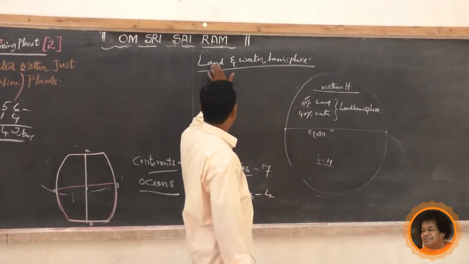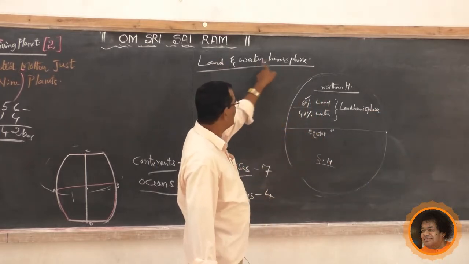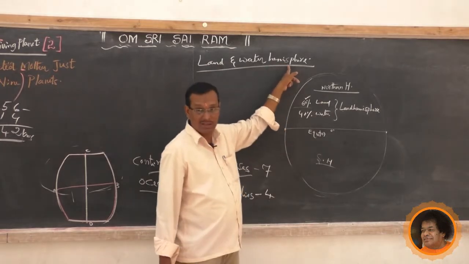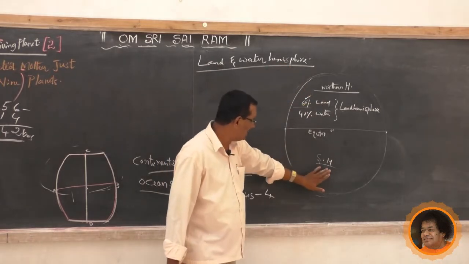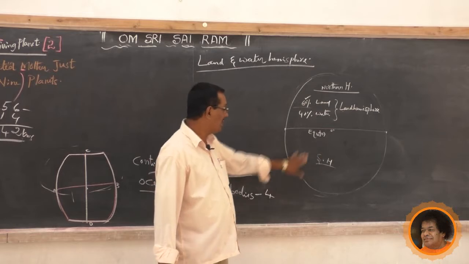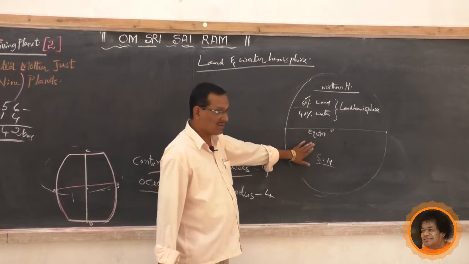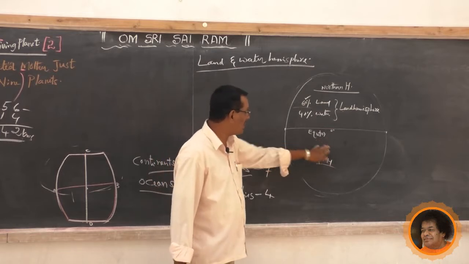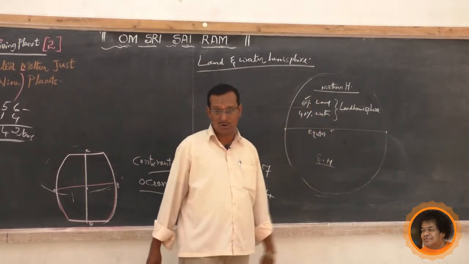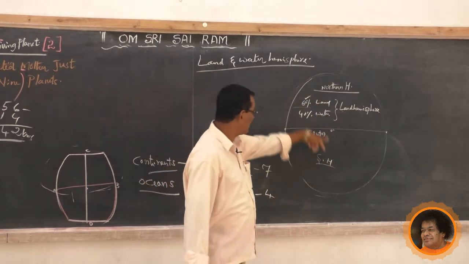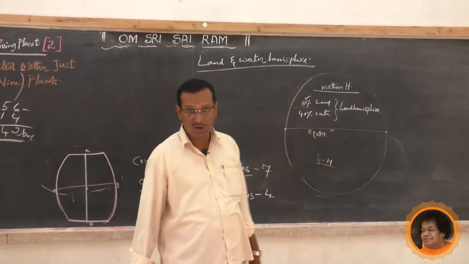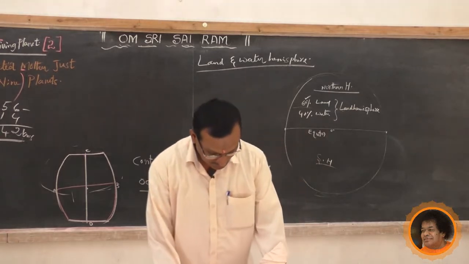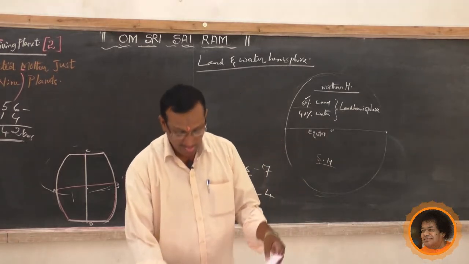Now, what is the water hemisphere? This is quite the opposite in the southern hemisphere. Here, the percentage of land is smaller than the percentage of water bodies. Therefore, the southern hemisphere is called the water hemisphere.